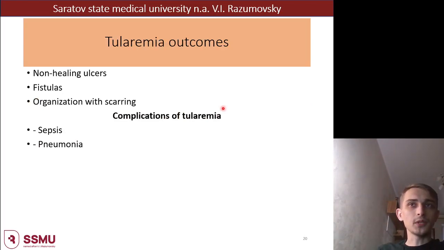Outcomes of tularemia are associated with formation of non-healing ulcers, formation of fistulas, and organization with scarring. A few words about fistulas: it's really typical for formation of granuloma with suppurative inflammation, and we may see a lot of pus in case of tularemia, associated with some characteristics of the tularemia bacillus. Complications of tularemia are associated with sepsis and development of pneumonias.